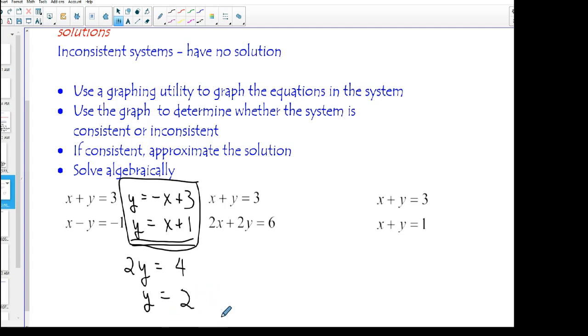And once I find the answer for y, I can plug it back into either one of the original equations and solve for x.